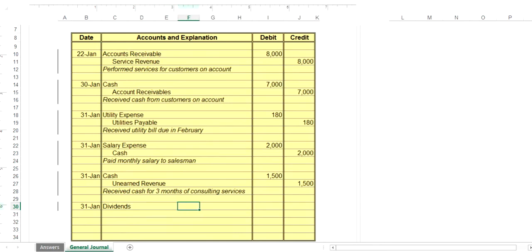We'll talk about this later in the semester, but dividends is just simply a payment that you're going to make to your stockholders, but it's not an expense account. But we're going to debit dividends for $1,000. And since we gave up cash, we have to credit cash for $1,000. And we're going to say that we paid dividends to stockholders.